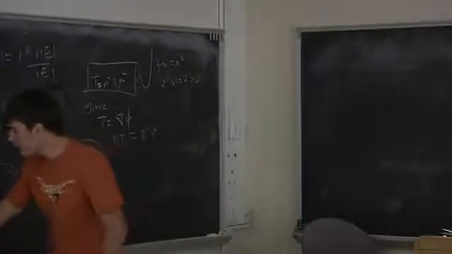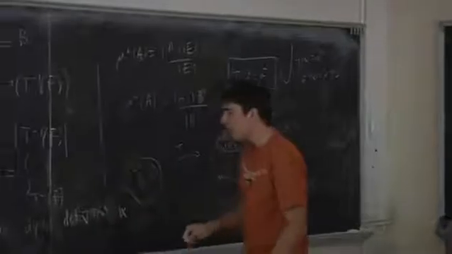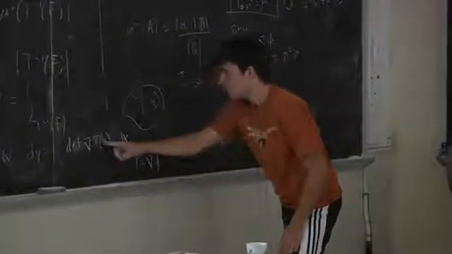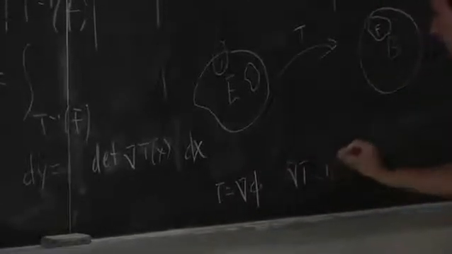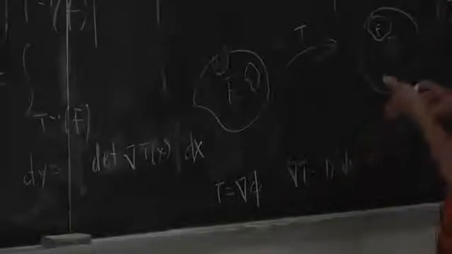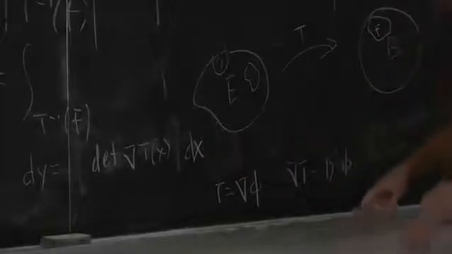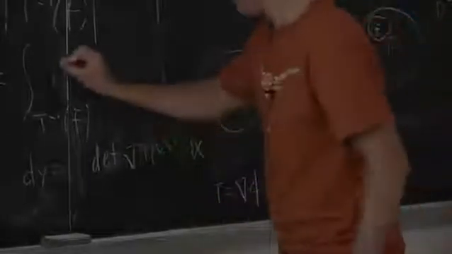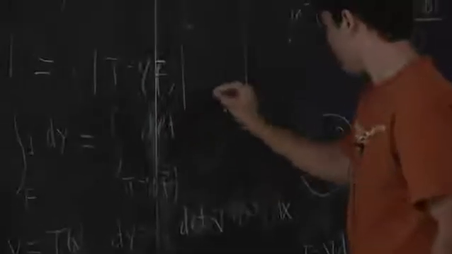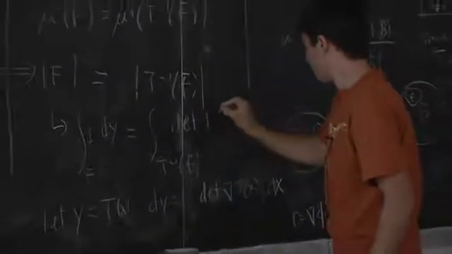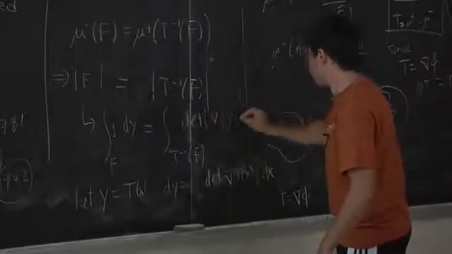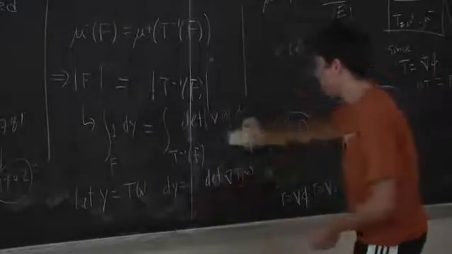T is the gradient of a convex function, so when you take another derivative, grad T is the Hessian of phi. So we can get rid of the absolute values and just put the determinant of grad T of x dx.